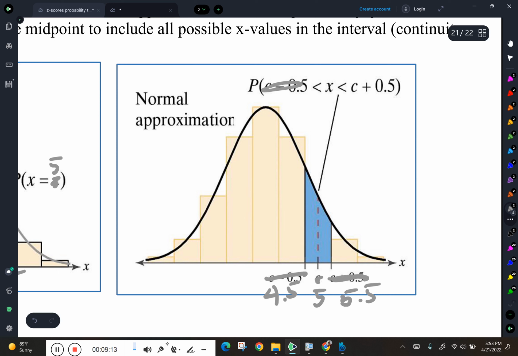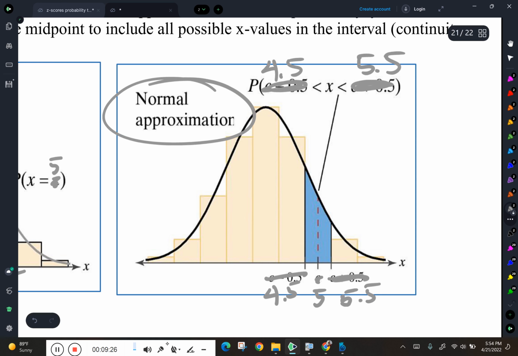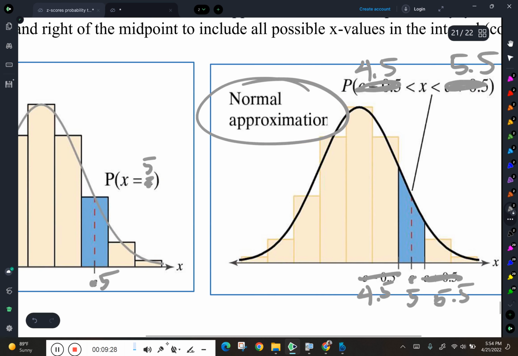So my interval is now 4.5 to 5.5. And that gives me a range of values. I need ranges of values to do my normal approximation. So the continuity correction turns a single value into a range.